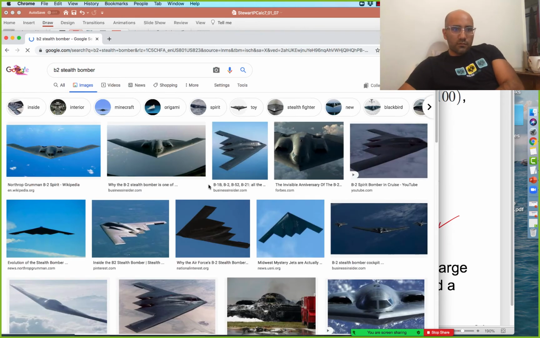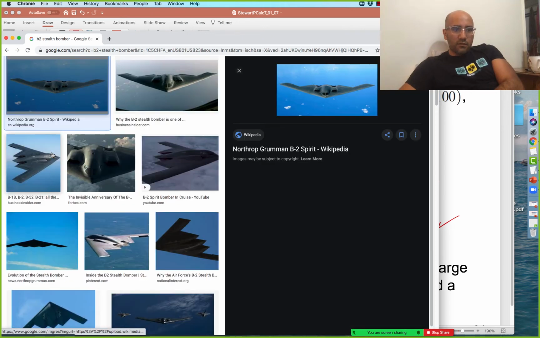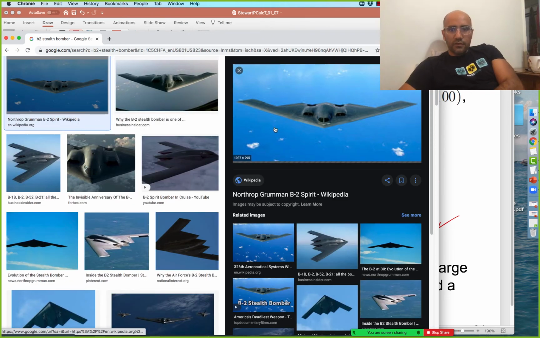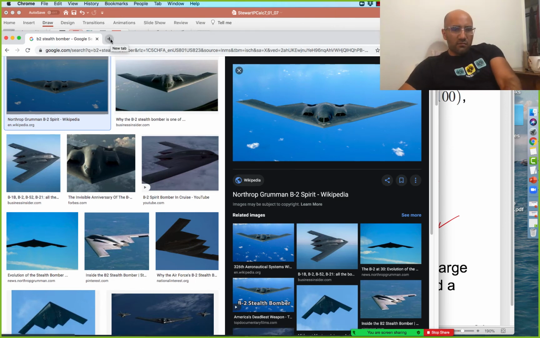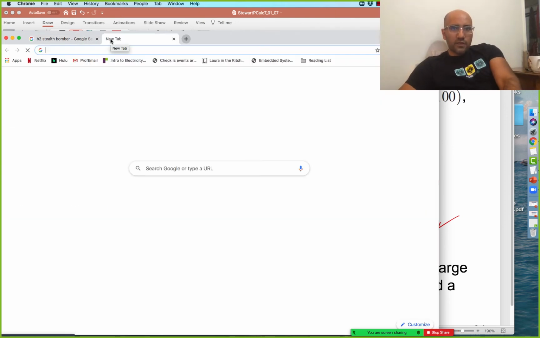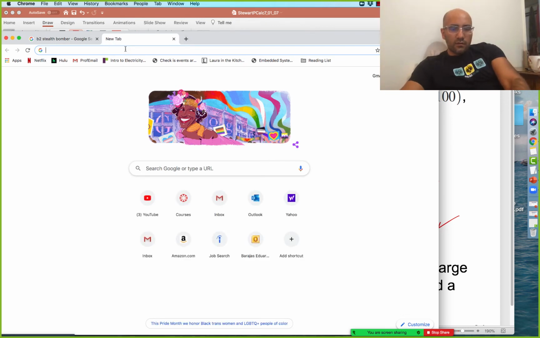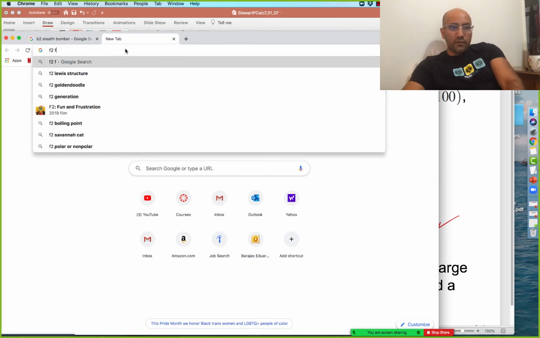Right, so there's this very famous airplane that you can see here. You can make it a little bit bigger. There's this one. And then the other one, is it the F2 fighter? Which one's the F2 fighter?